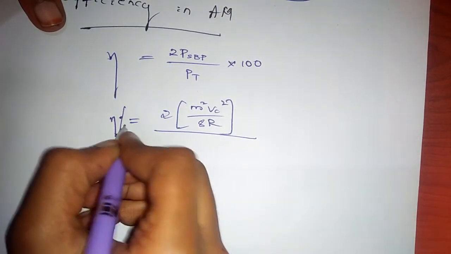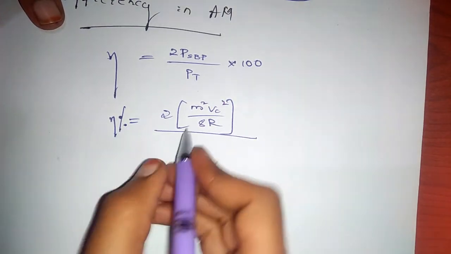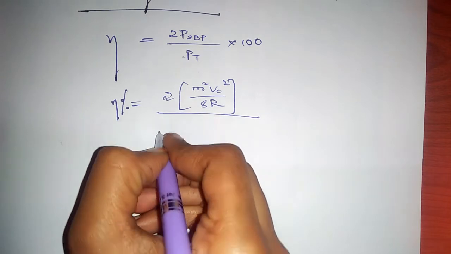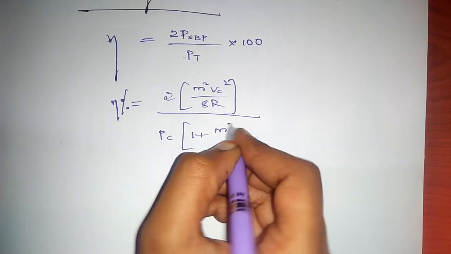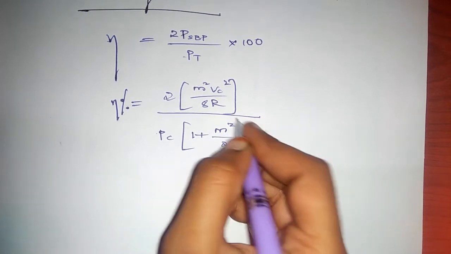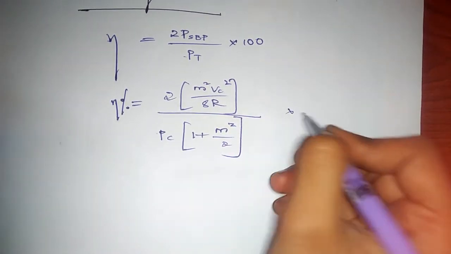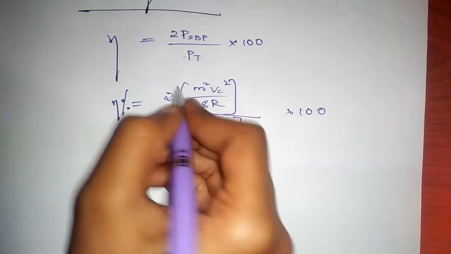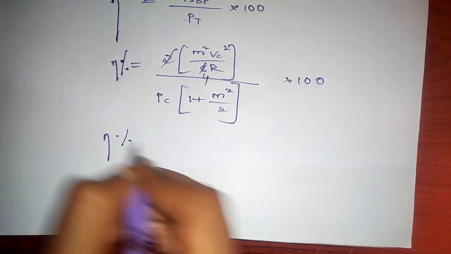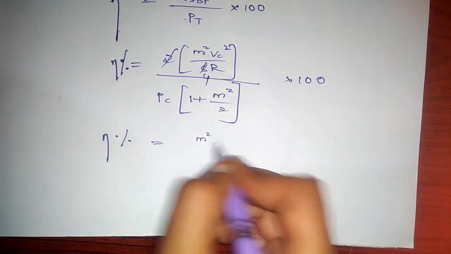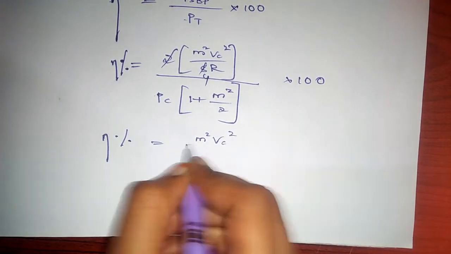I am taking it in percentage, so multiplied by 100 over PT. The total power is Pc of (1 + m square by 2), into 100. I can cancel the 4 here, so eta percentage equals m square Vc square by 4R divided by Pc of (1 + m square by 2), into 100.